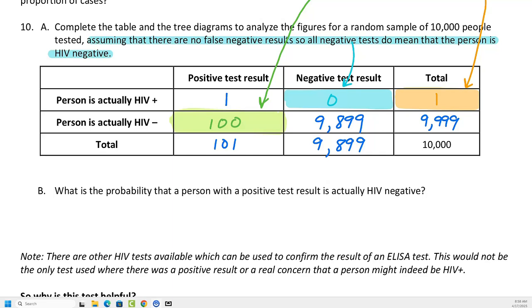And then let's just write a note because I want to be careful. For these two cells, technically these two have to add to 100.